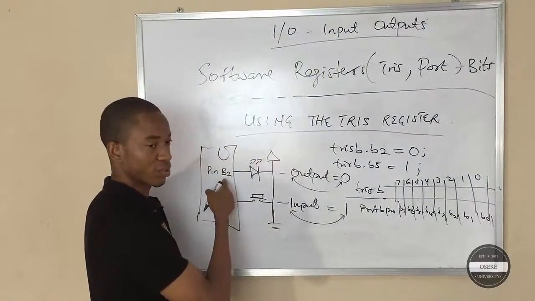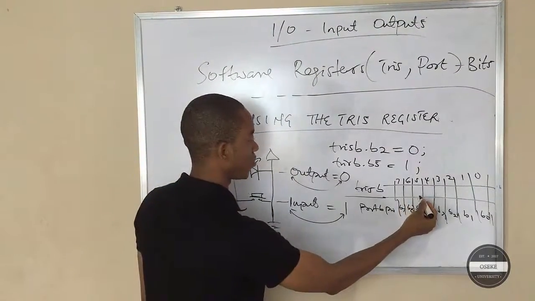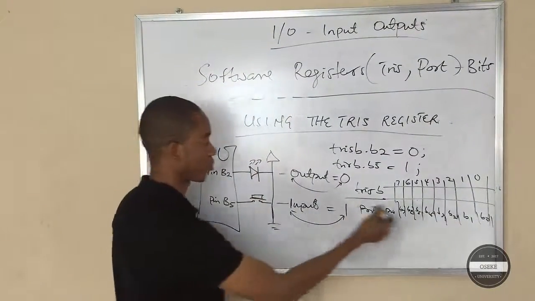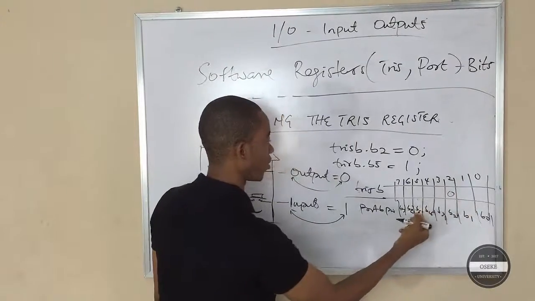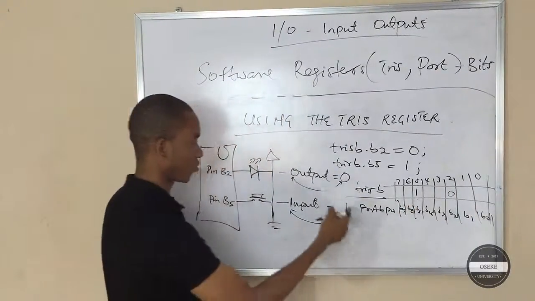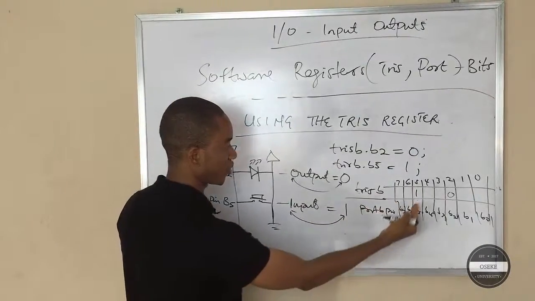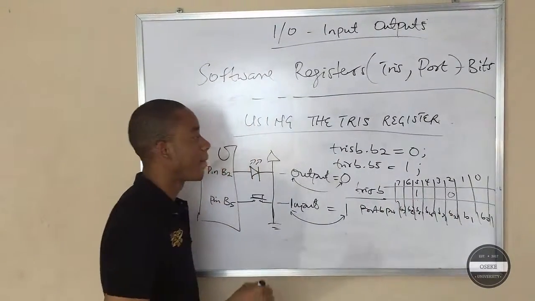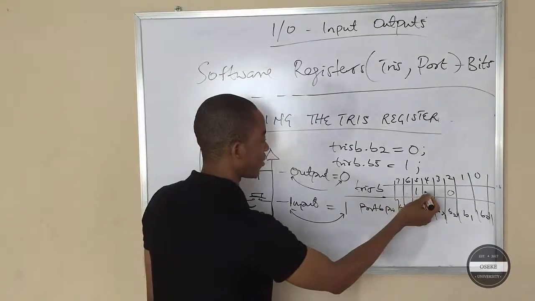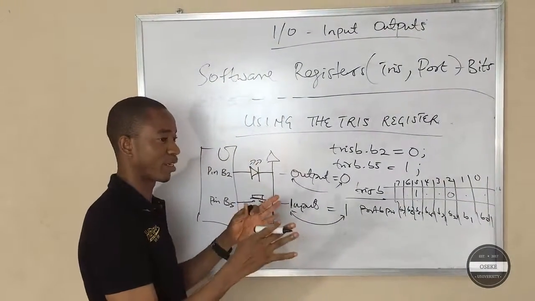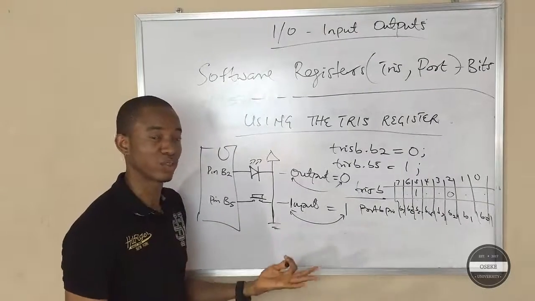Sorry, there's a mistake here. Since I want to use bit 2 as output, I'll put 0 here, and put 1 in bit 5 since I'm using it as an input to the trace B register. You see it corresponds like that. I can put anything I like in all these other empty slots. It won't matter. My application will still work the way I want it to work.